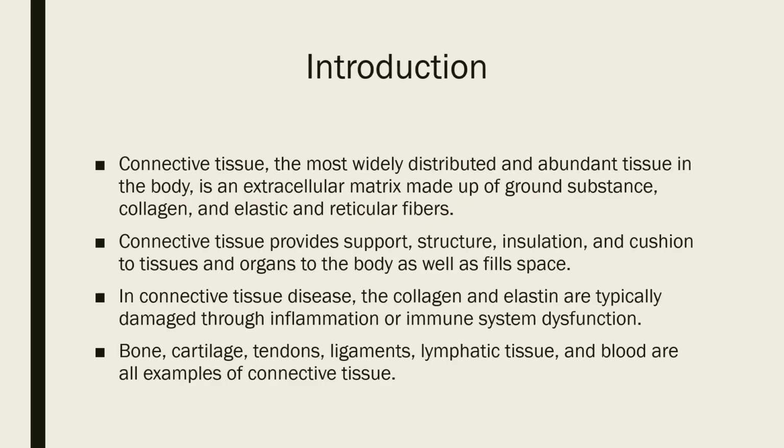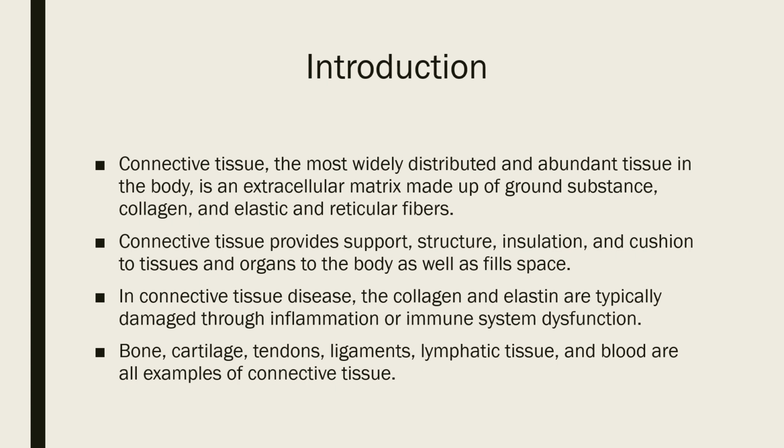So, connective tissue is the most widely distributed and abundant tissue in the body. It is an extracellular matrix made up of ground substance, collagen, and elastic and reticular fibers. Connective tissue will provide support, structure, insulation, and cushion to tissues and organs of the body, as well as fill space.